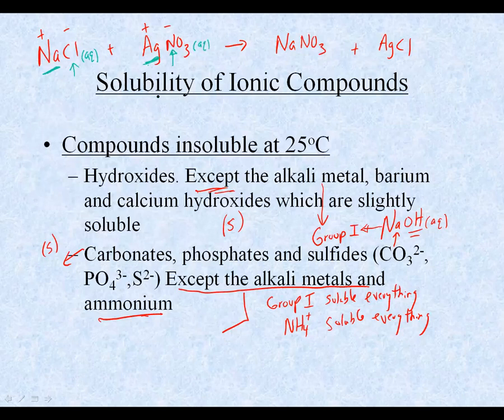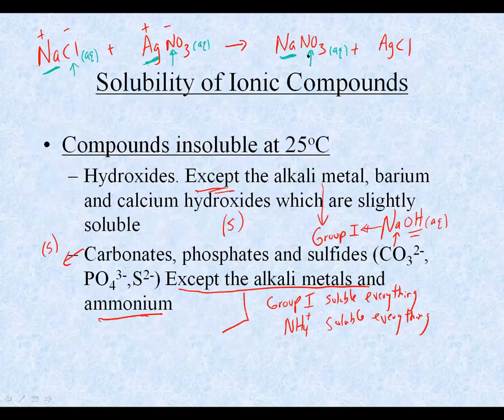Now, coming to the other side, with the sodium nitrate, we hit sodium, that's group 1, so we're pretty much done. We could go right to it being aqueous. But just in case you want to double check, nitrate is also soluble in everything, which tells you the exact same thing.